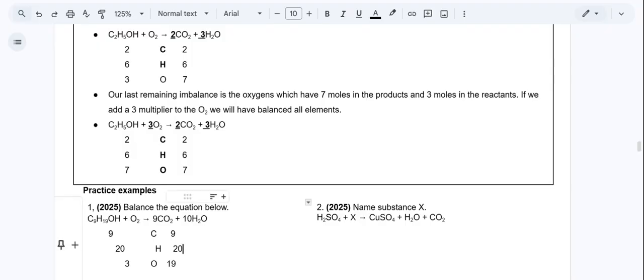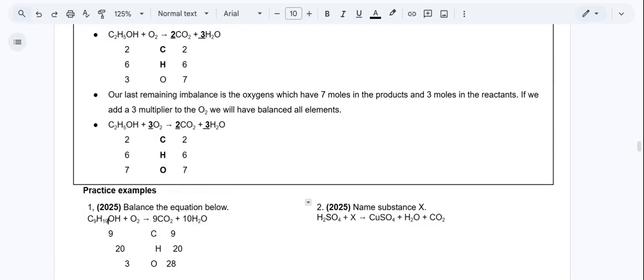Now, let's take a full account from the start of how many oxygens we have, because the carbons are fine and the hydrogens are fine. For the oxygens, we've got 18, and then another 10 here, so we've got 28 oxygens on the right-hand side. And on the left, we've got this extra 1 here, and then we've got 2 here, so we've got 3 oxygens.